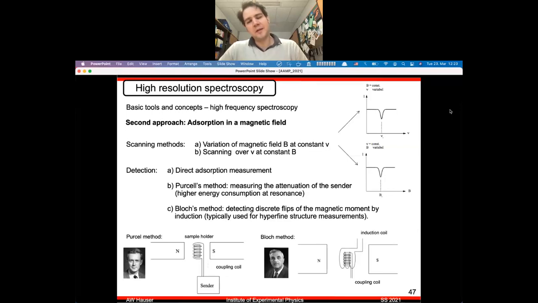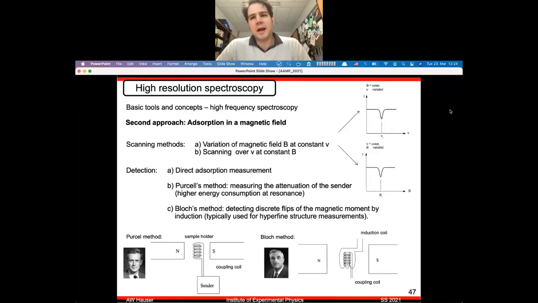Because if we have a system and the system has a magnetic moment, then the magnetic dipole has a certain energy in the magnetic field, depending on its direction with respect to the field direction. So by changing now the strength of the field, so by varying the B field, for example, I will change the point of resonance for this excitation in this piece of metal.